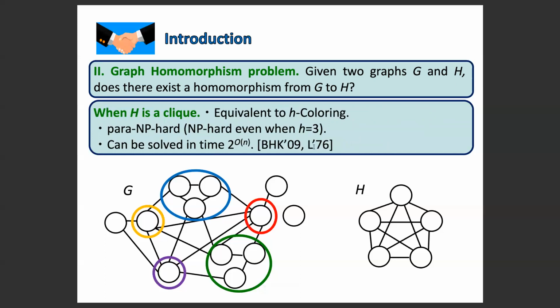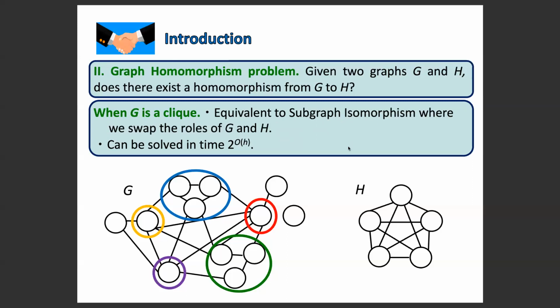When H is a clique, this problem is equivalent to h-coloring, where we seek a proper coloring of the graph in h colors. So it is still para-NP-hard even when h is equal to 3, because then we have the 3-coloring problem, which is NP-hard, but it can be solved in time 2 to the order n.